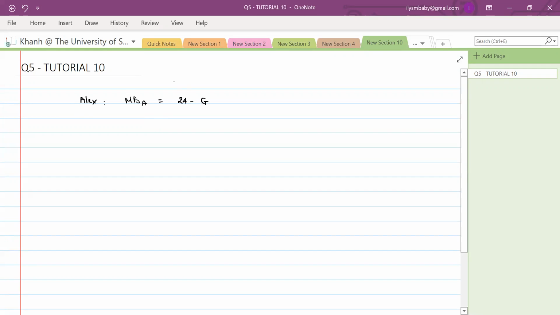The second consumer is Beatrice, and her marginal benefit is given by H minus 0.5G. Marginal benefit is basically just the demand function for each of the consumers.